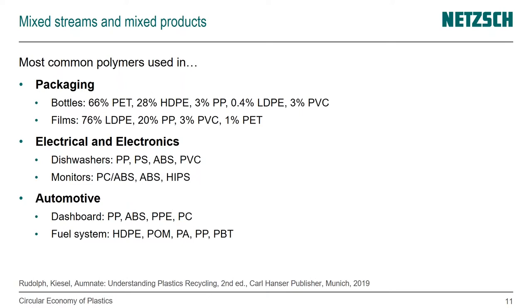For electrical, electronics, and automotive, we didn't get proportions at the time. In most industries, we focus on a smaller group of plastic materials, but as we know, they can have a variety of additives and molecular weight ranges that all have an impact on how they process and what their properties are.